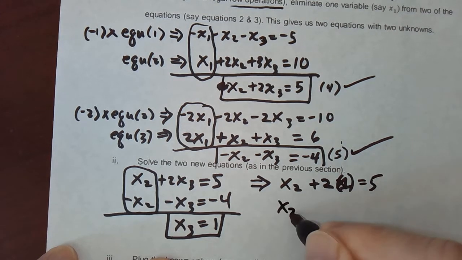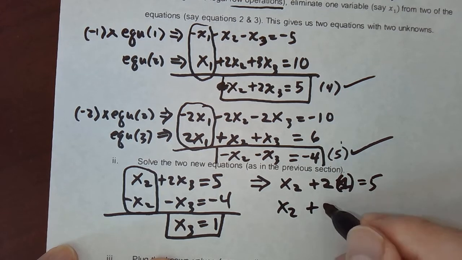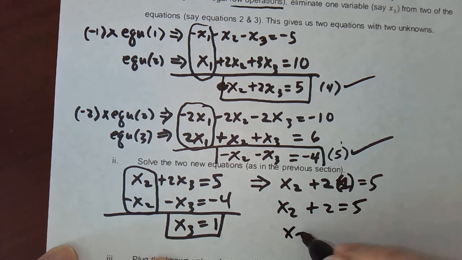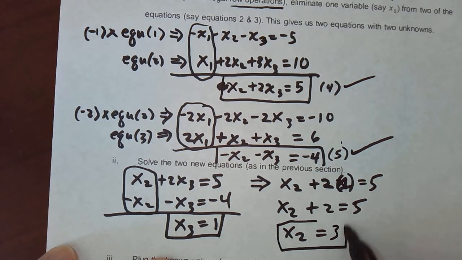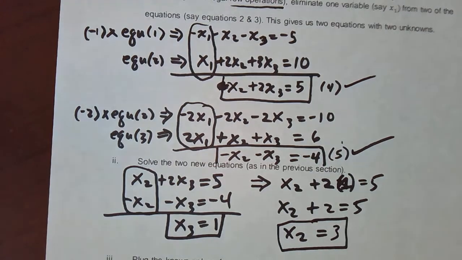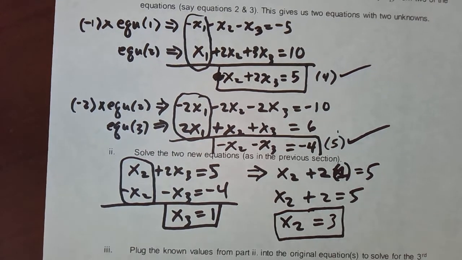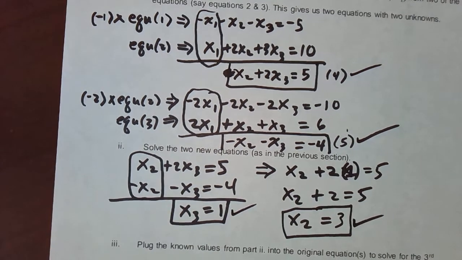So that gives us x2 plus 2 equals 5. x2 equals, subtract 2 from both sides to get 3. So, just like in the previous section, we solved a system of 2 equations with 2 unknowns, and we got x3 equals 1 and x2 equals 3.